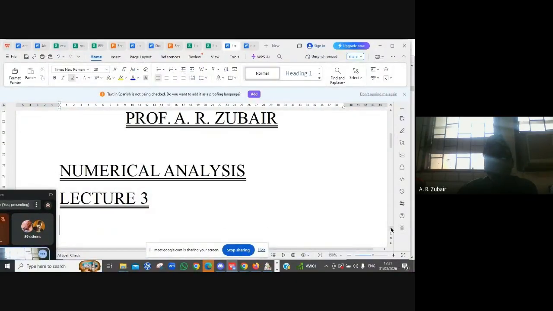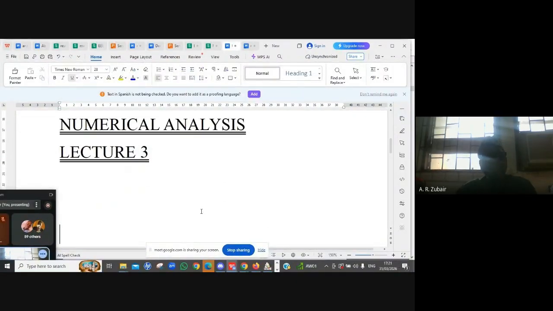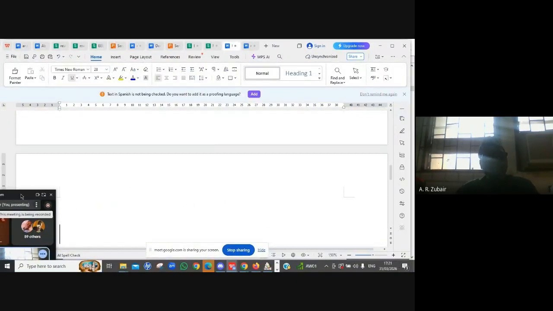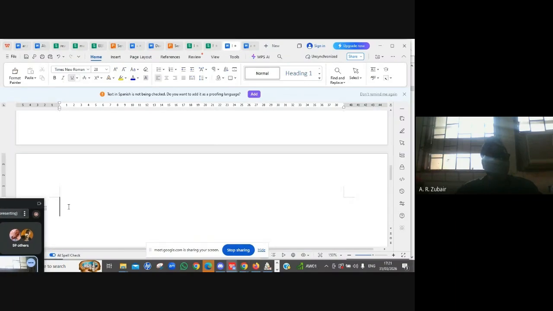For example, if you say x raised to power 2 plus 5x plus 6 is equal to 0.